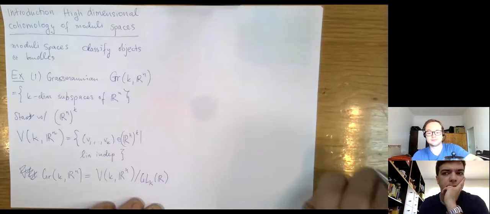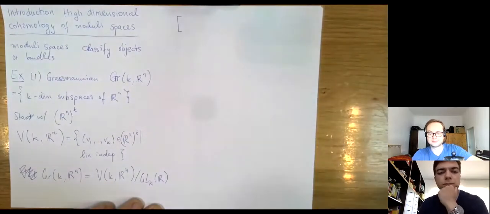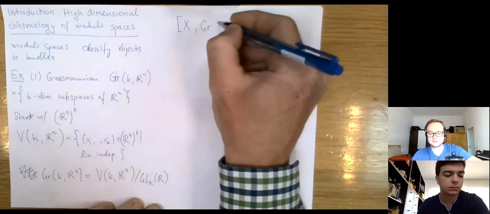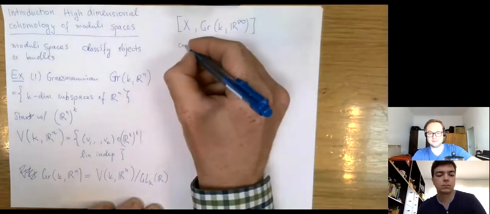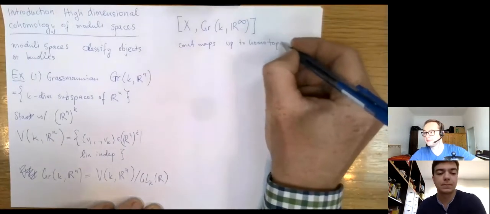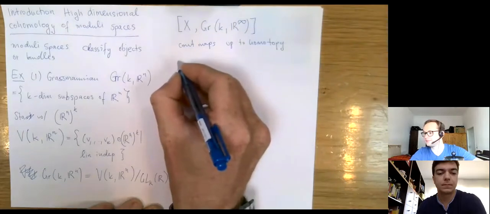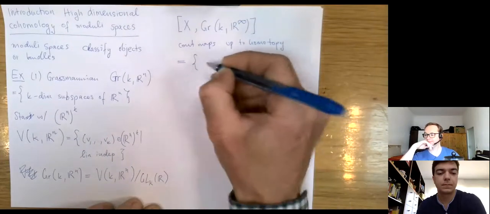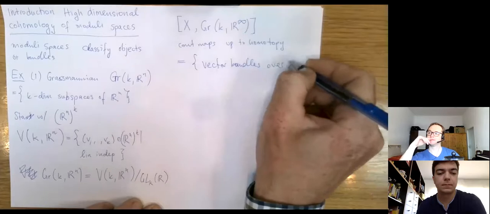I'm sure many of you have heard of this. So if you take the set of continuous maps up to homotopy from a topological space X to the Grassmannian in R infinity, being sloppy with base points, then this is the same as the set of vector bundles over X, for example.